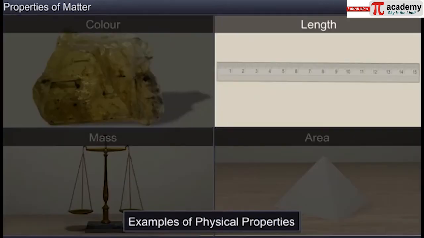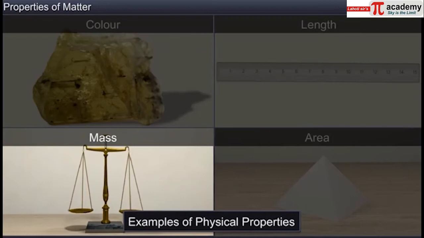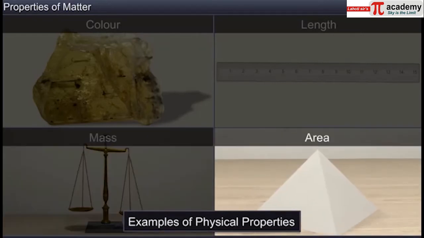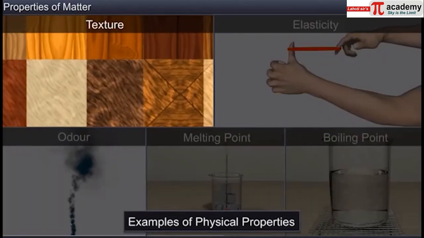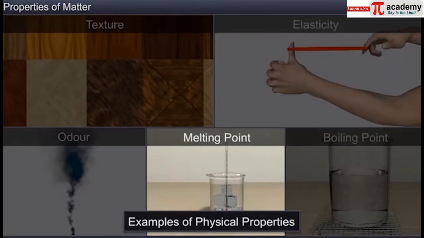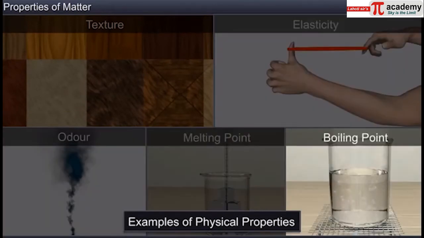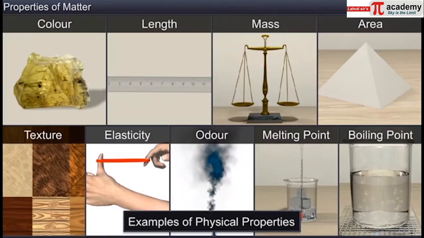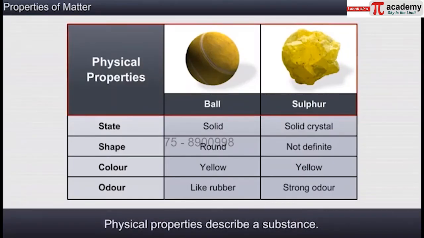Color, length, mass, area, texture, elasticity, odor, melting point and boiling point are examples of physical properties. Physical properties help us describe a substance.